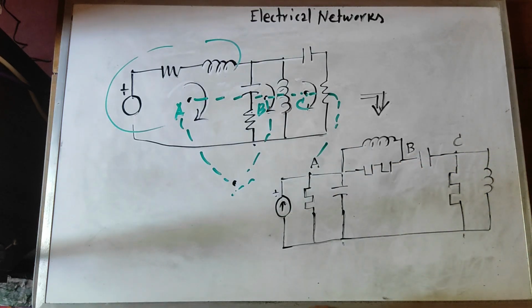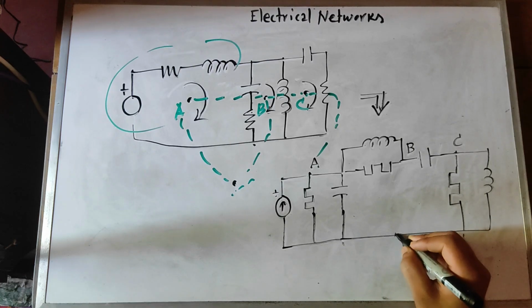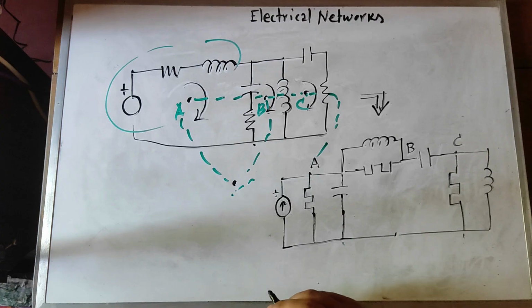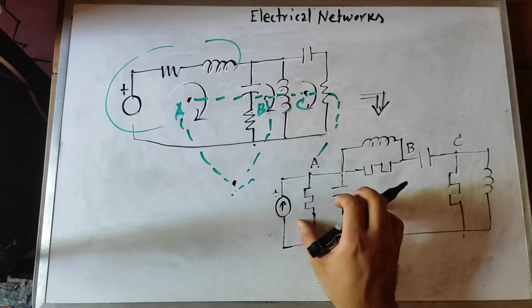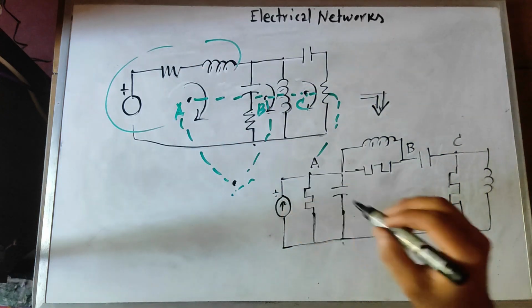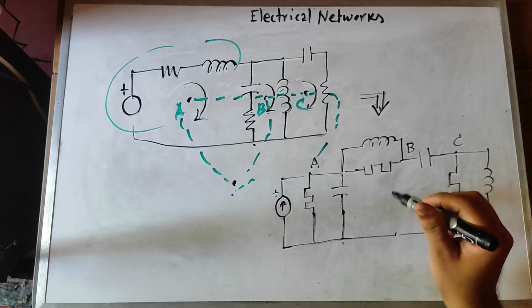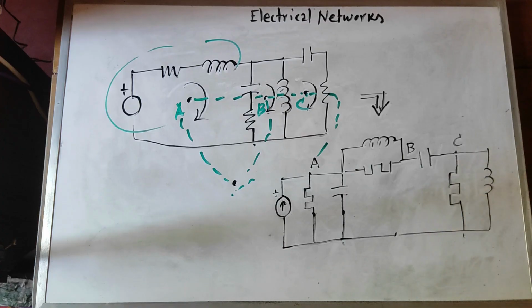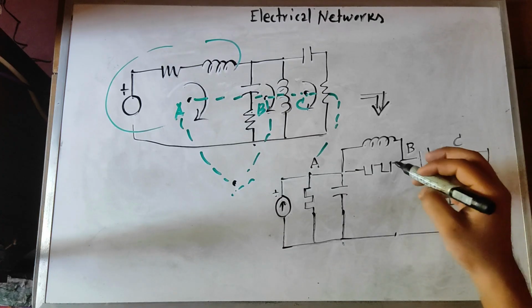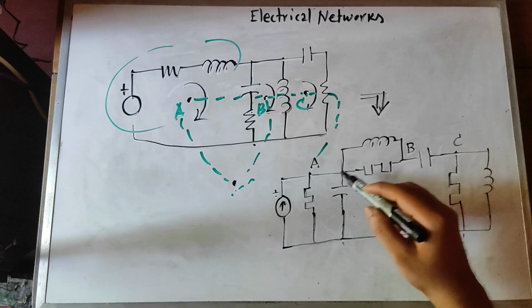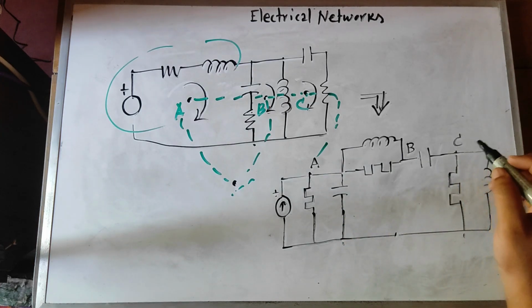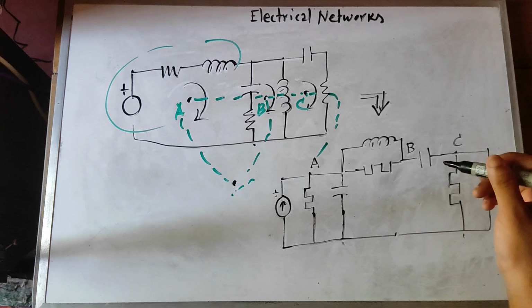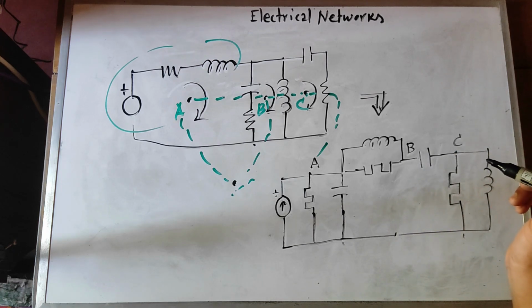Hope you understood this. So this is G, this is C. This is the branch for the series RL circuit, and there's this branch between node A and B. And between B and C there's capacitance.